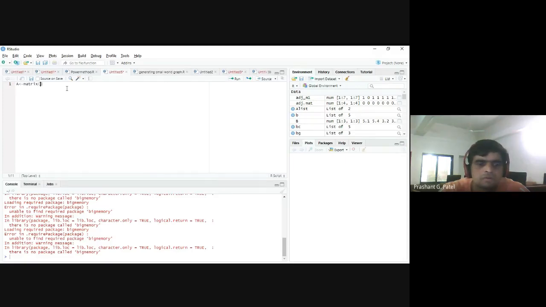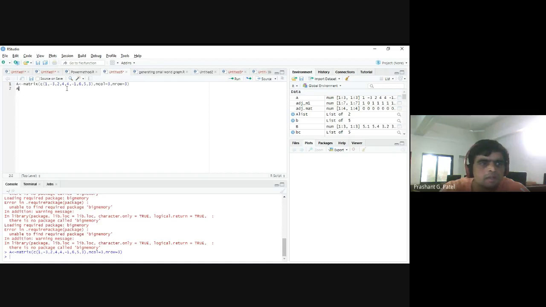So the matrix is c(1, -3, 2, 4, 4, -1, 6, 5, 3), with the number of columns 3 and the number of rows 3.